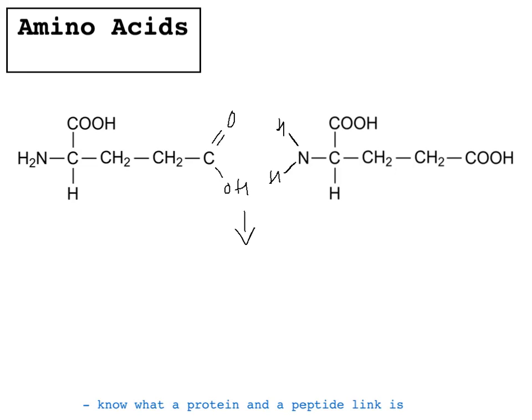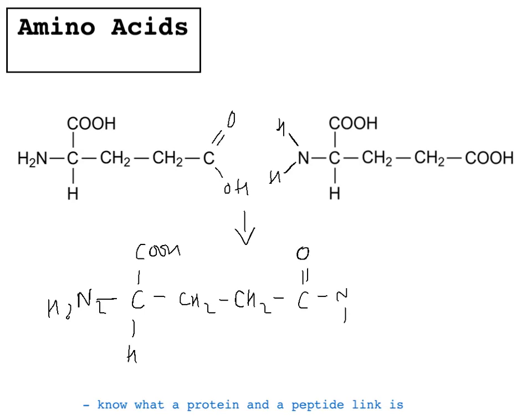Now, if we draw these 2 molecules polymerizing, what we'll get is H2N and then C=O at the top, H at the bottom, CH2, CH2, and then this is where it's joined, so you have C=O, and then NH, and then the rest of it, so C=O, OH, CH2, CH2, and then C=O, OH.